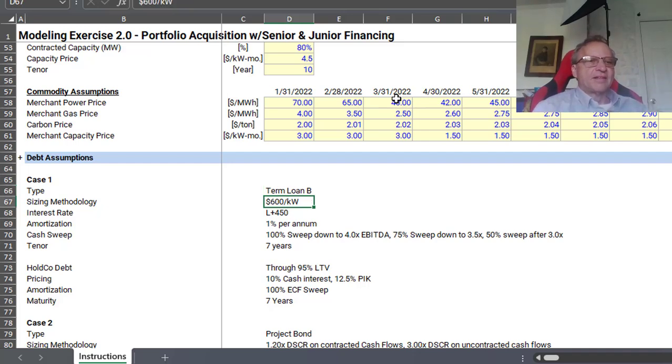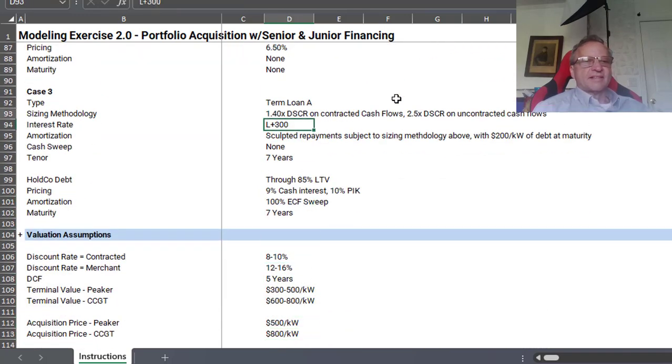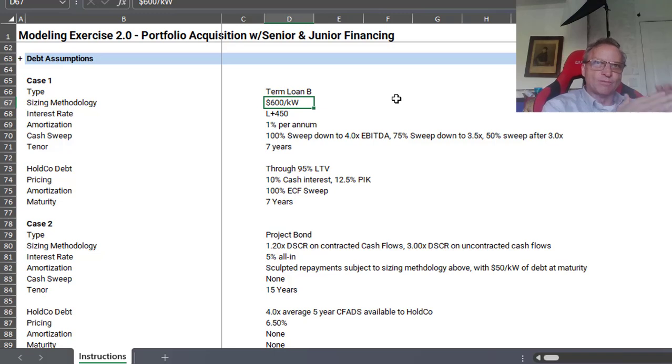So they gave 3 different case assumptions, and then they said, okay, we're going to size it based on the USD per kilowatt, and we're going to put an interest rate. Presumably you have to put the LIBOR rate in, so forth now or whatever.